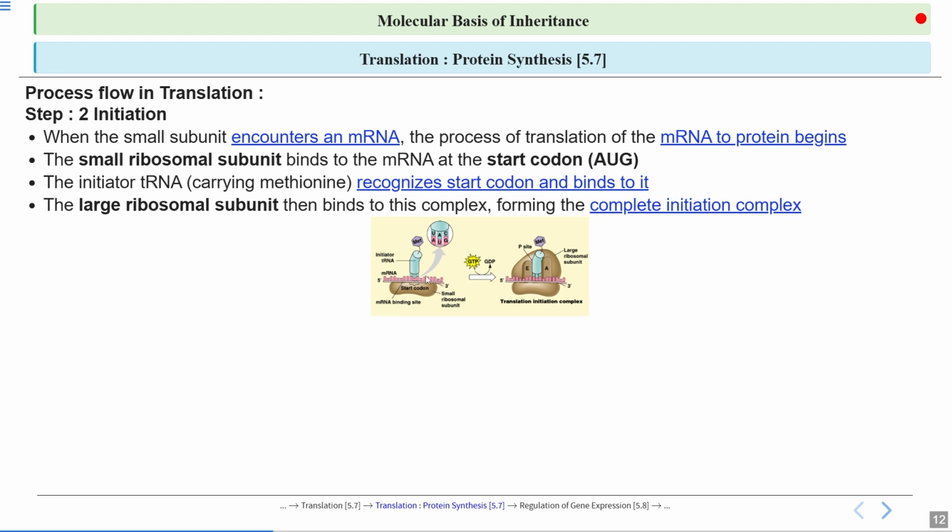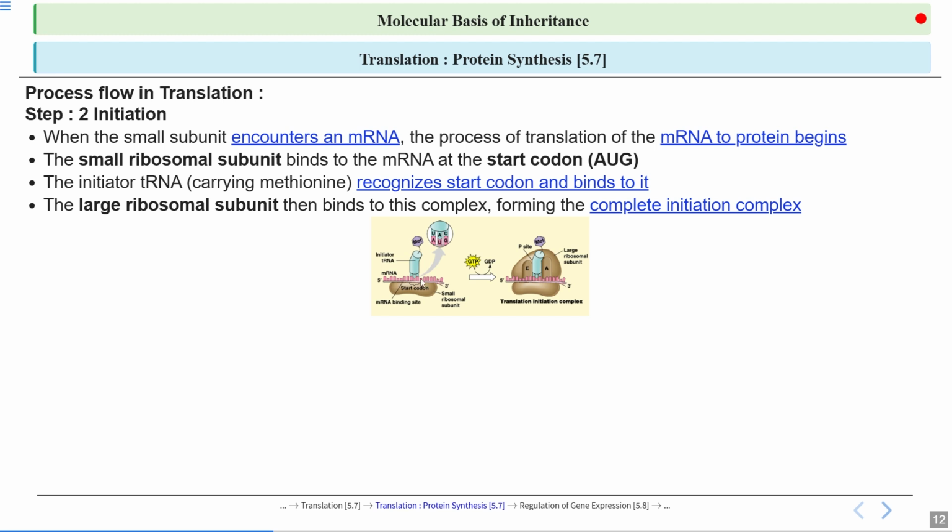Now you will understand this more from this diagram. So this was our mRNA. First, the small subunit came, encountered this mRNA and bound to it at which position? At the start codon, at this AUG codon. Now what happened? The initiator tRNA, which has methionine and the anticodon for this AUG start codon, came, recognized the start codon and bound to it.